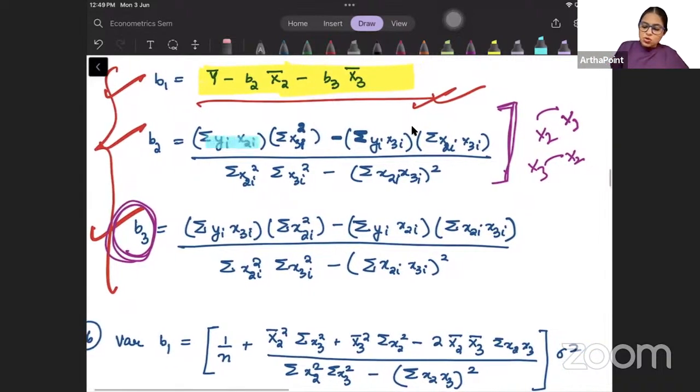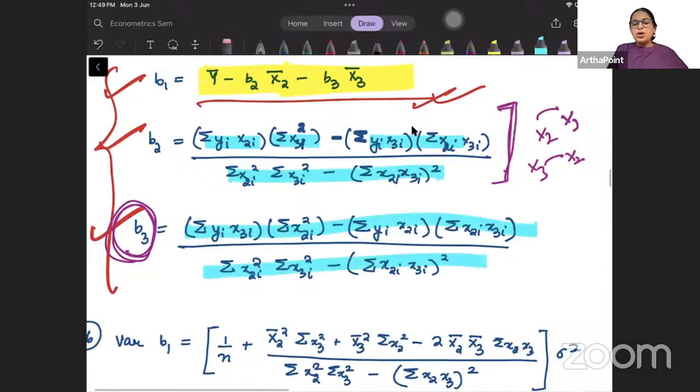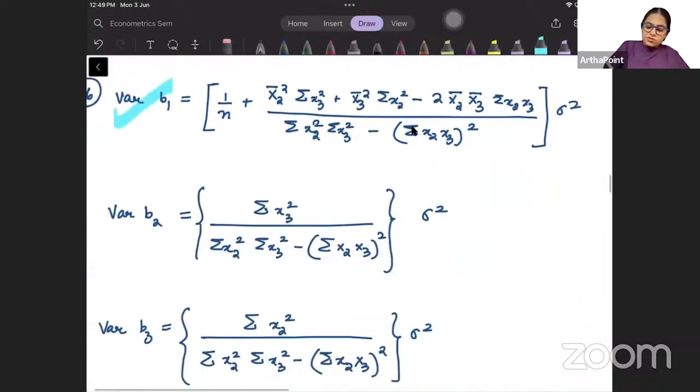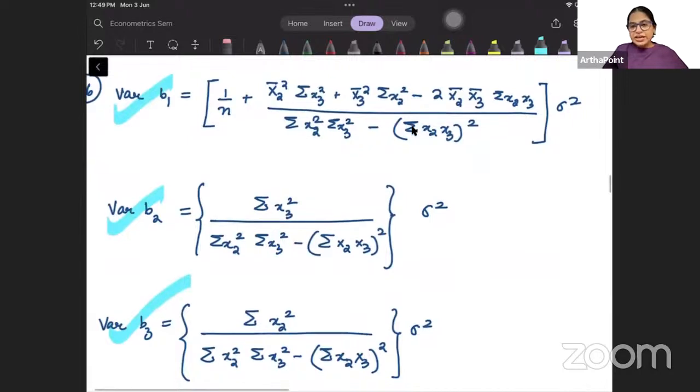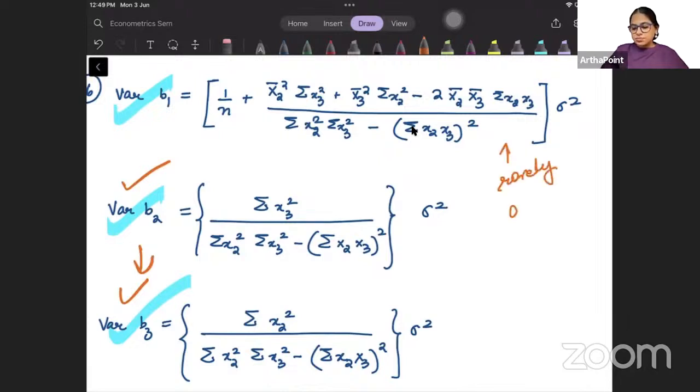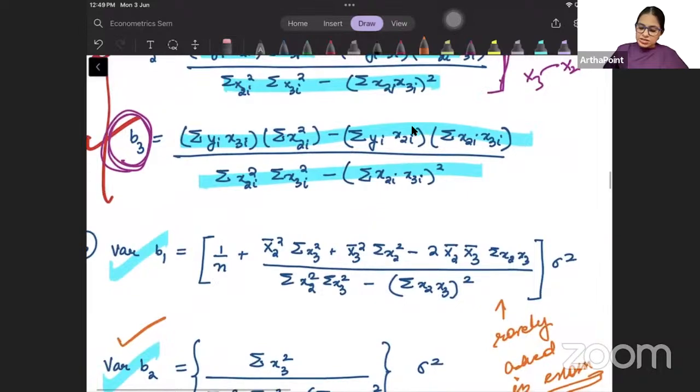So look here, this is all in the deviation format, right? Okay. Now this is the variance of B1, B2, B3. Again, if you remember the variance of B2, then B3 is easy to understand. This is rarely asked in exam. The variance of B1 is rarely asked in exam.